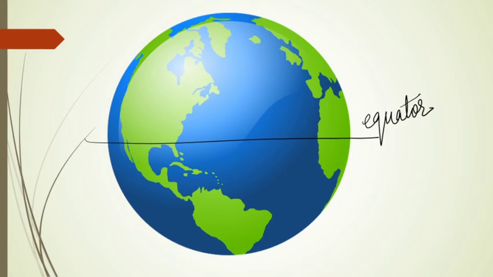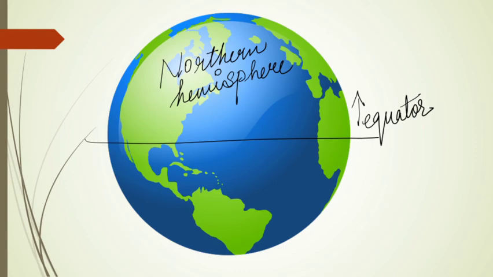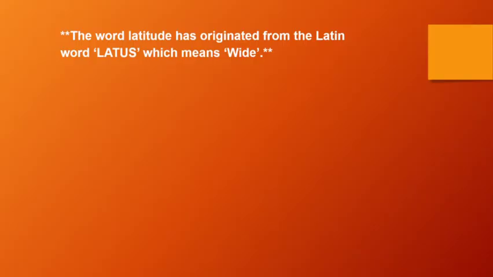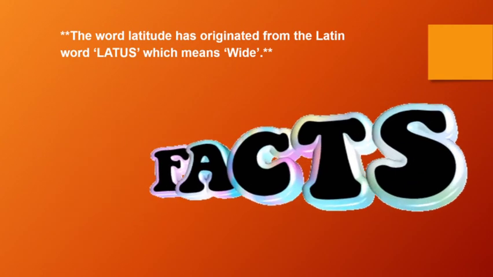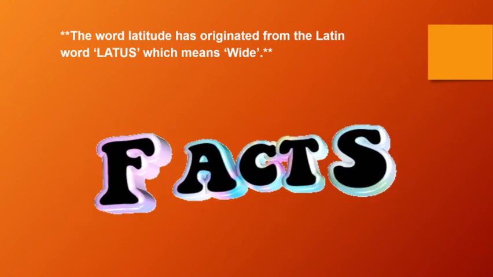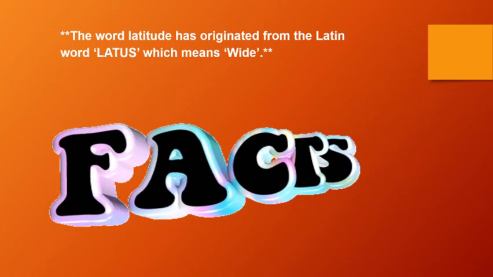The part of the Earth that lies to the north, north means that we are talking about this direction, north of the equator is called the northern hemisphere. And the other half that lies to the south, south means this direction, south of the equator is called the southern hemisphere. Interesting fact: the word latitude has originated from the Latin word latus, which means wide.